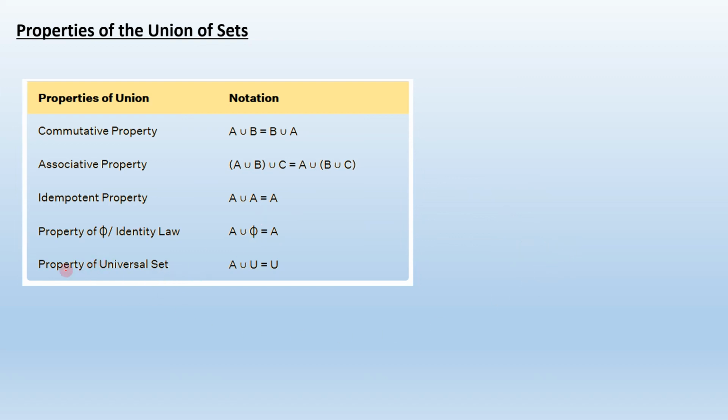Now let's move to the final property, which is property of universal set. Here you can see that A union universal set will give us the universal set as result. So suppose we have a set A having elements 1, 2. We have a set B having elements 3, 4 and we have a universal set having elements 1, 2, 3, 4, 5, 6, 7, 8.